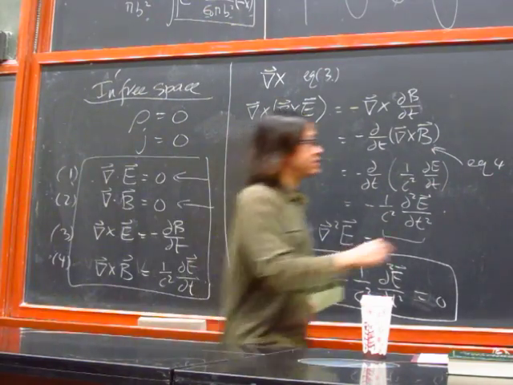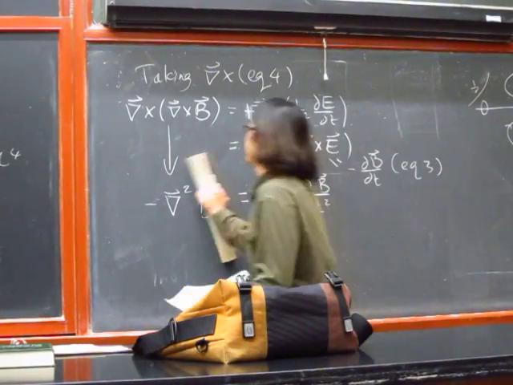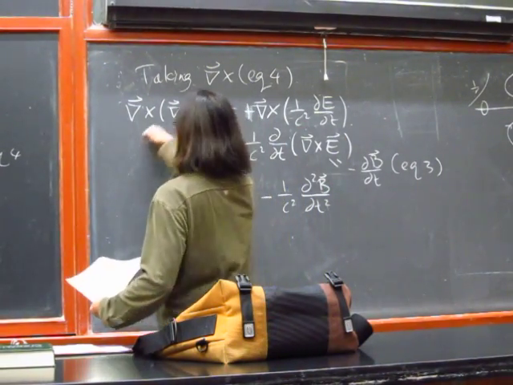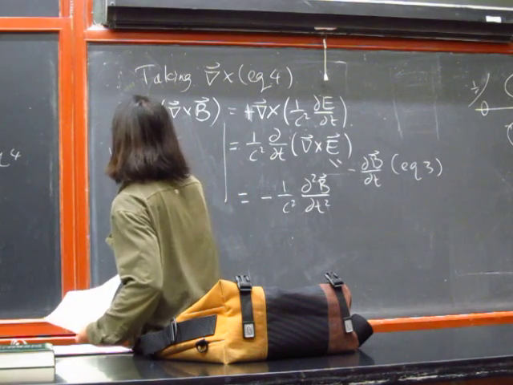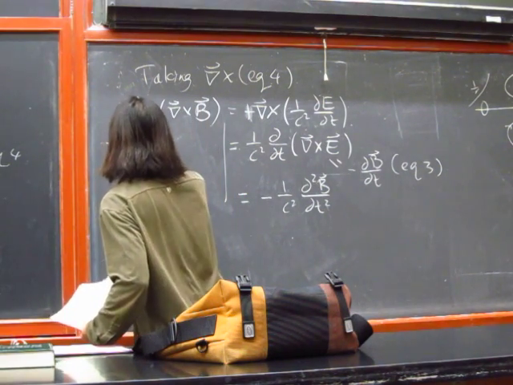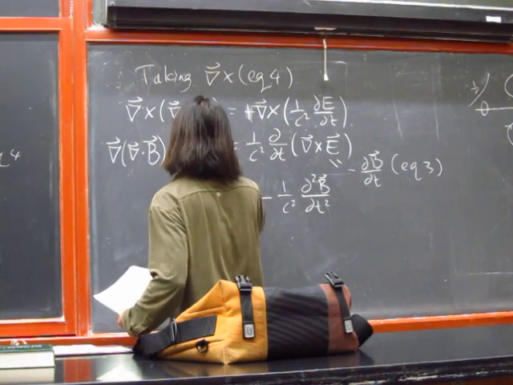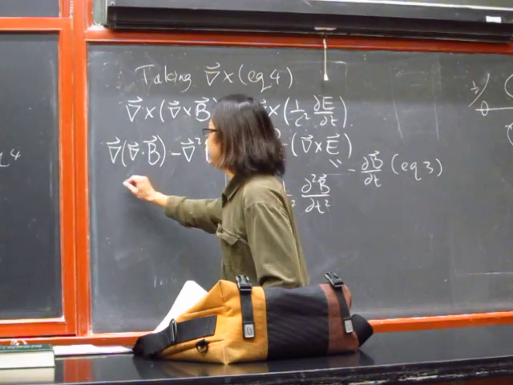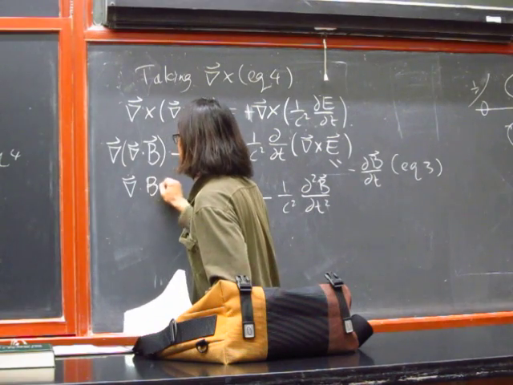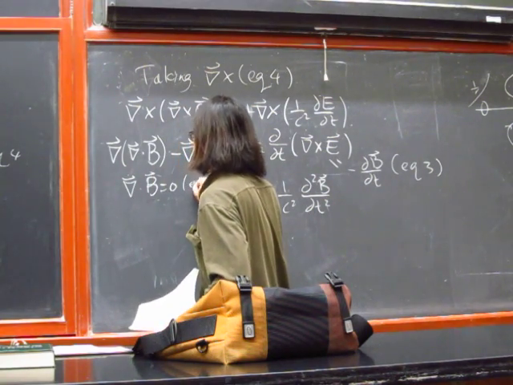So same thing here, let's just do it on this side. This term here on the left is just the gradient of the divergence of B minus the Laplacian of B. But the divergence of B is 0. This is from equation 2.